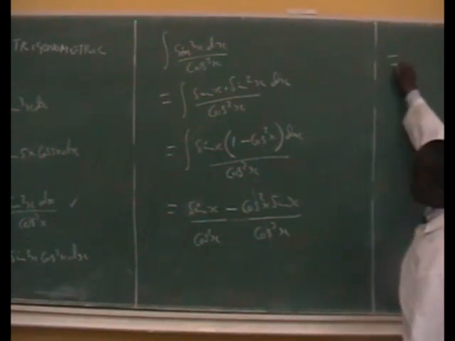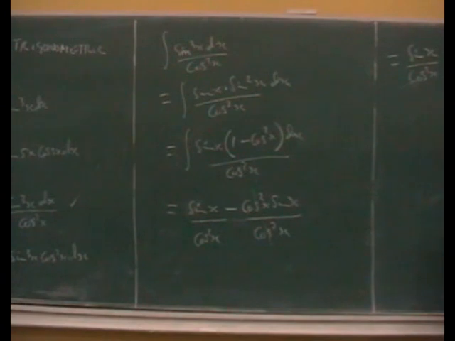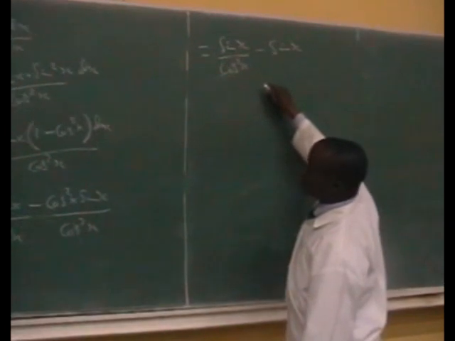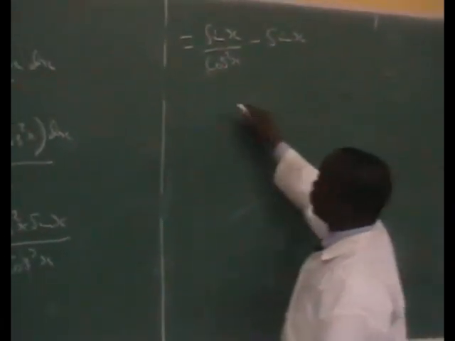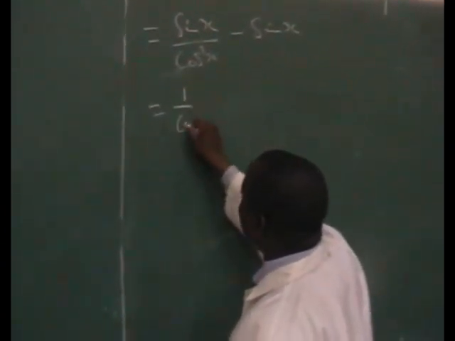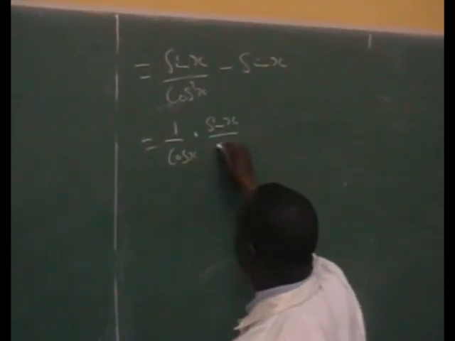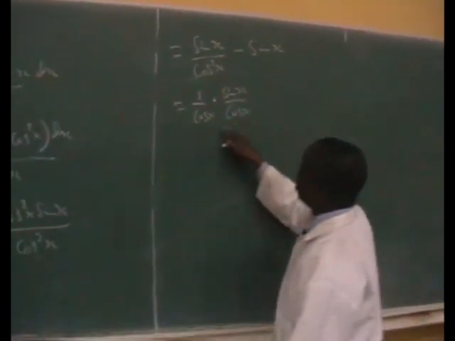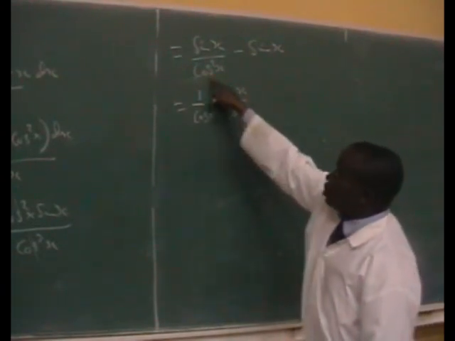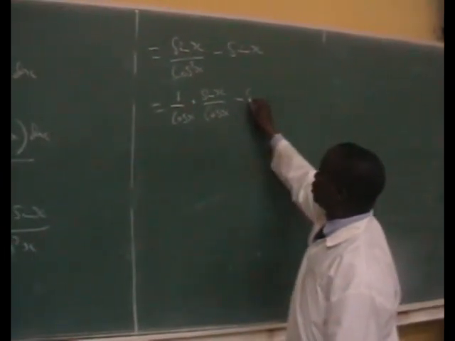So what we have here is sin x all over cos square x minus sin x. Remember, we are integrating it with respect to x. So this one is then 1 all over cos x times sin x all over cos x, minus sin x.